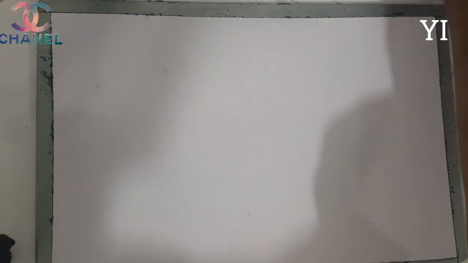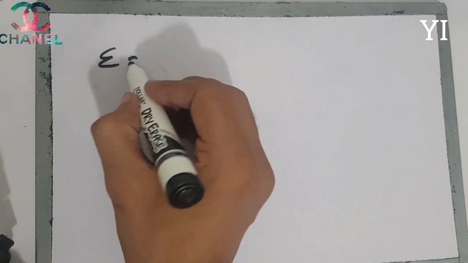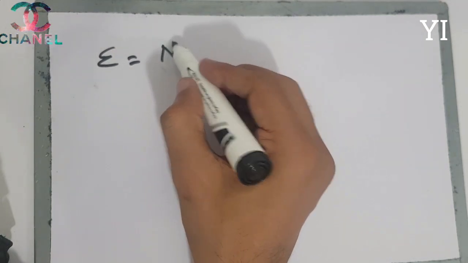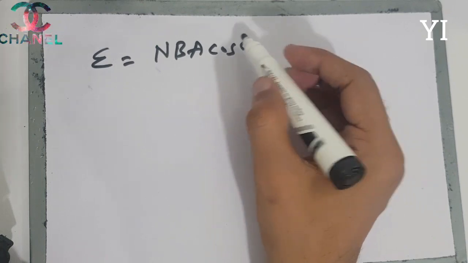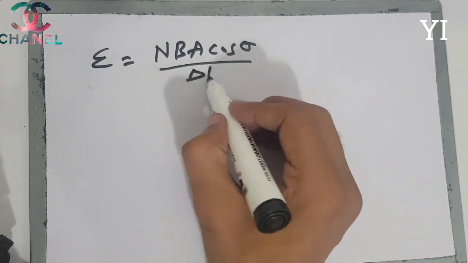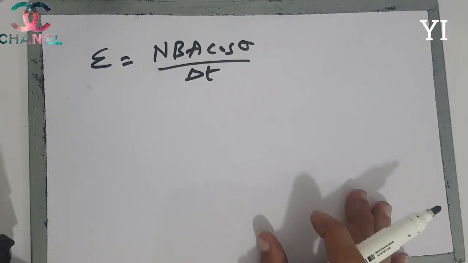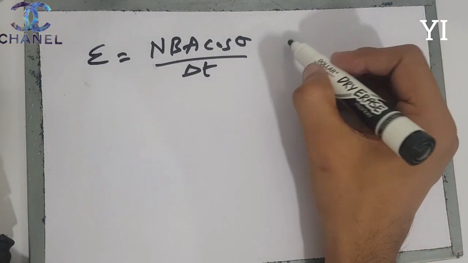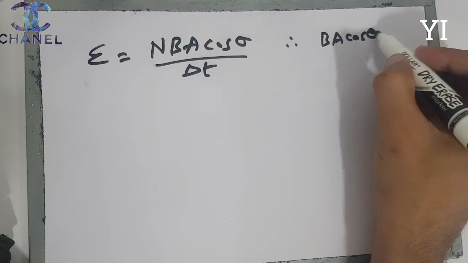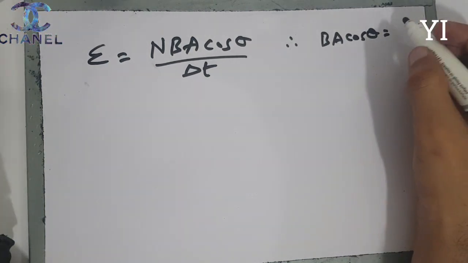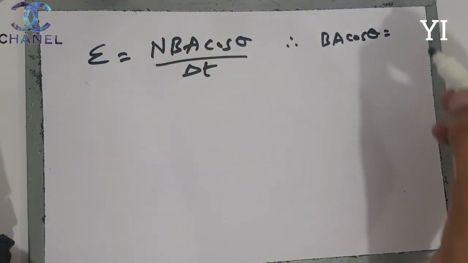So students, let us combine all the 5 cases. So when we combine all the 5 cases, we'll write that induced EMF is directly proportional to NBA cos theta, and is inversely proportional to the time. So we know that BA cos theta is equal to del phi.